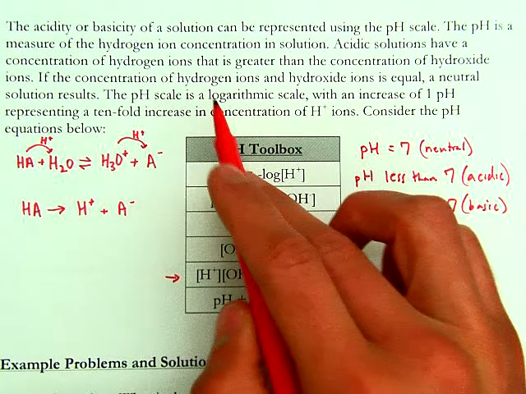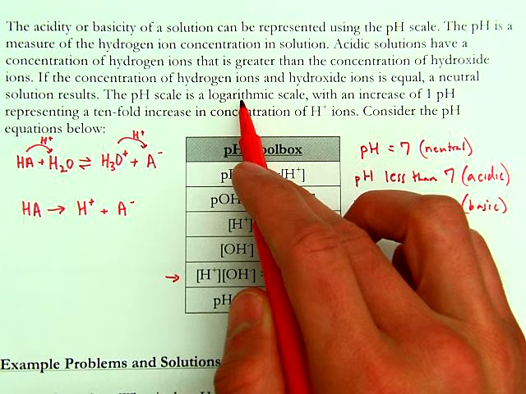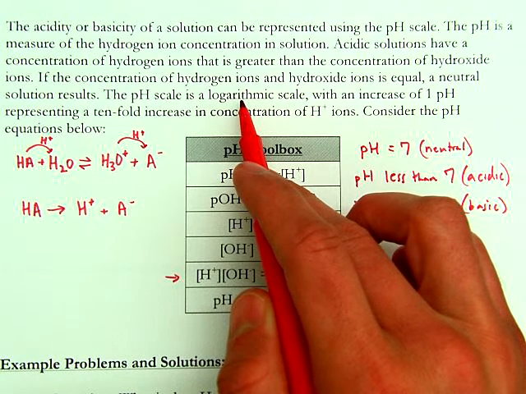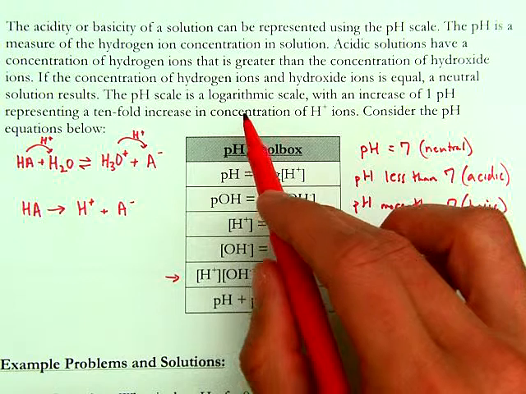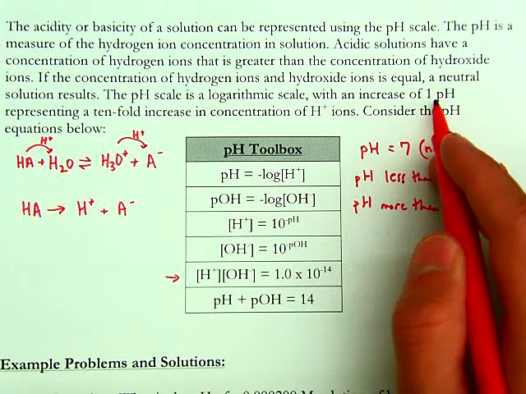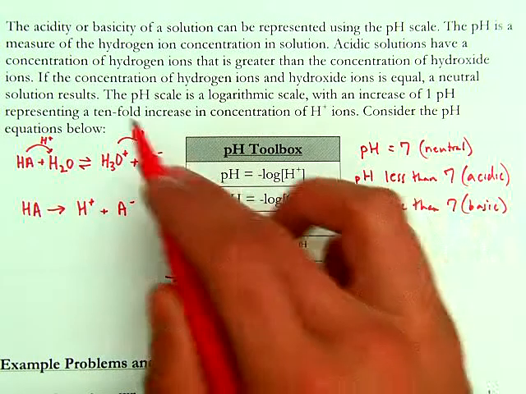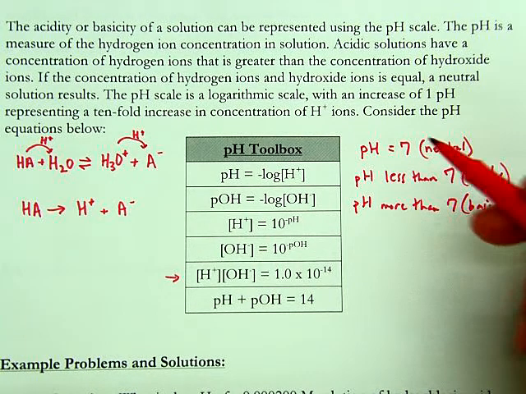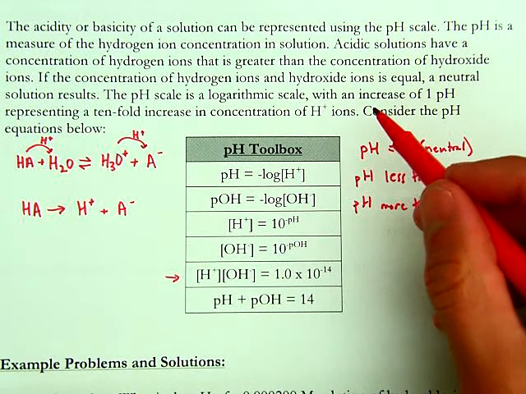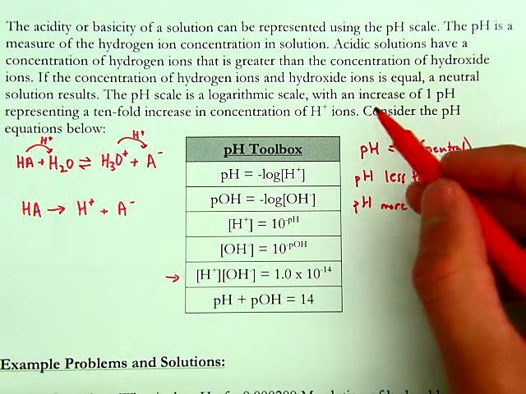The pH scale is a logarithmic scale. We use a base 10 logarithm or a common logarithm, and what that means is each increase of pH by 1 represents a tenfold increase in the concentration of H. Actually, I wrote this backwards.